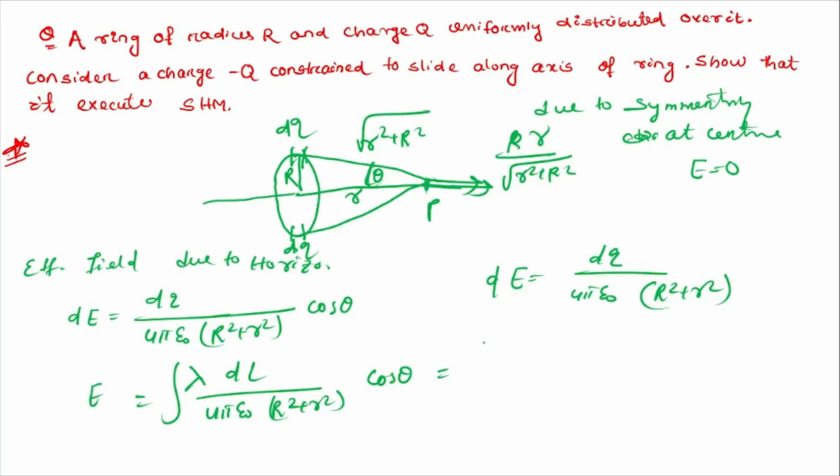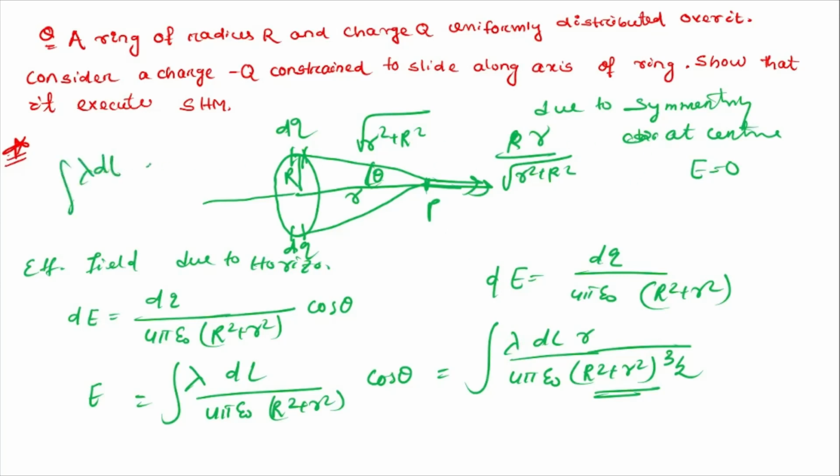So E is equal to the integration of lambda dl over 4 pi epsilon naught r square plus r square to the power 3 by 2, and there will be r in the numerator. Here r is constant with respect to dl, and 4 pi epsilon naught is constant, so everything goes outside the integration, and we know that the integration of lambda dl is equal to the total charge, which is q.